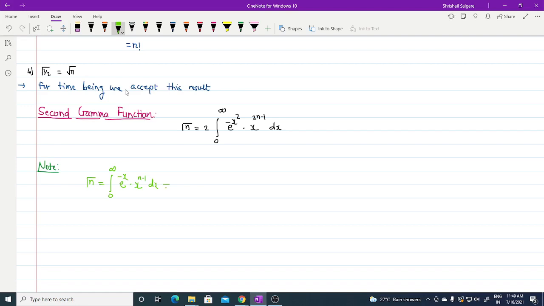Can I write the same integral as integral 0 to infinity e raised to minus y into y raised to n minus 1 dy? Can I write it with t and dt? Can I write it with any parameter p, e raised to minus p into p raised to n minus 1 dp?